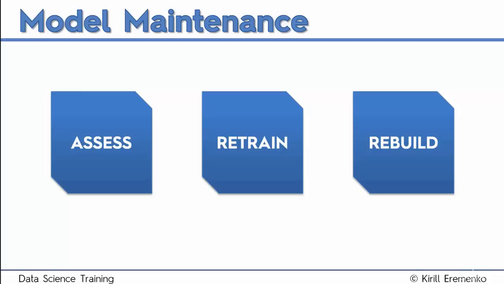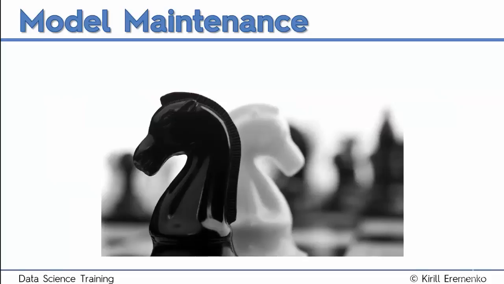It's still doing a good job, but you just want to see if you can do a better job with a new model. So in that case, once you build the second model, you run them side by side. And this is called a champion challenger setup, where your existing model is the champion and your new model is the challenger.